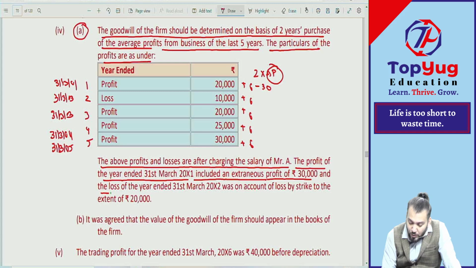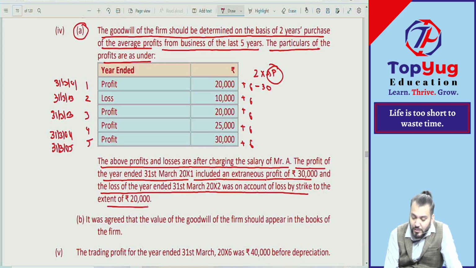Similarly, the loss of the year ended 31st March 2002 was on account of loss by strike to the extent of 20,000. So there was some loss in the second year. That loss is also abnormal in nature, which will not happen in future. So we'll add back 20,000. Correct?